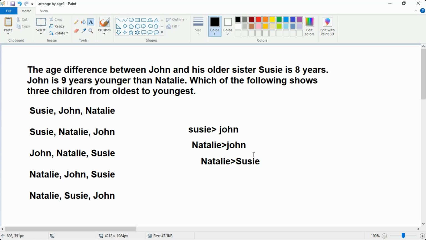But we know that Natalie is the oldest because Natalie is greater than Susie, and Susie is greater than John. So these options will not work. The fourth option says Natalie is the oldest, but John is older than Susie, which is not correct. So the correct answer is the fifth one, where Natalie is older than Susie and Susie is older than John. So this is one way of solving this problem.